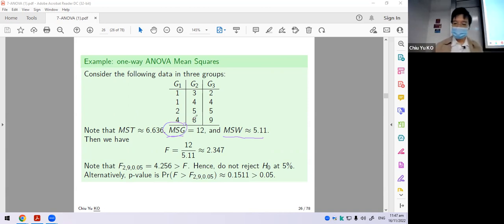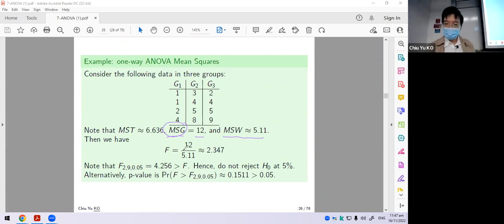So that's why you divide MSG over MSW and do a right tail test. Of course, if you want to do a left tail test, you reverse the order, but very often the convention is we do the right tail rather than the left tail. There's no reason why you cannot do the left tail, but the convention is we do the right tail.